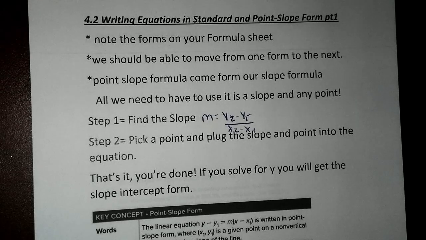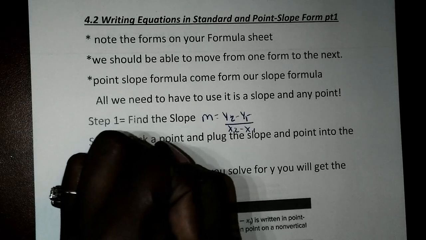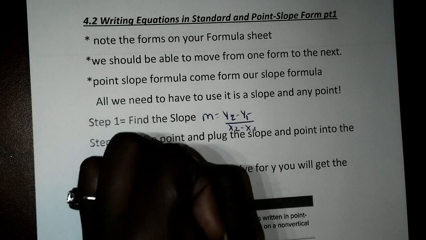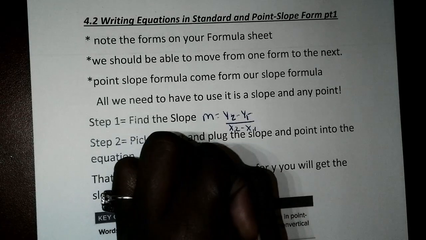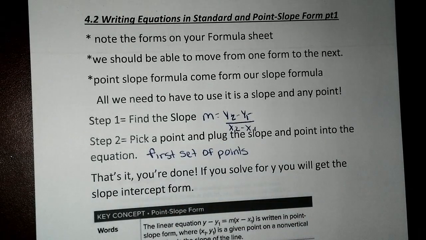Now when I say pick a point, if you're given 2 points and you have to find your slope, I always choose my first set of points. It doesn't matter which one you choose, but I choose the first set of points. And what do I mean by first set of points?